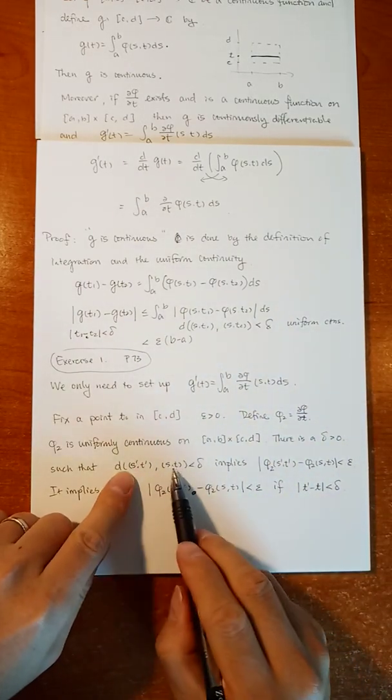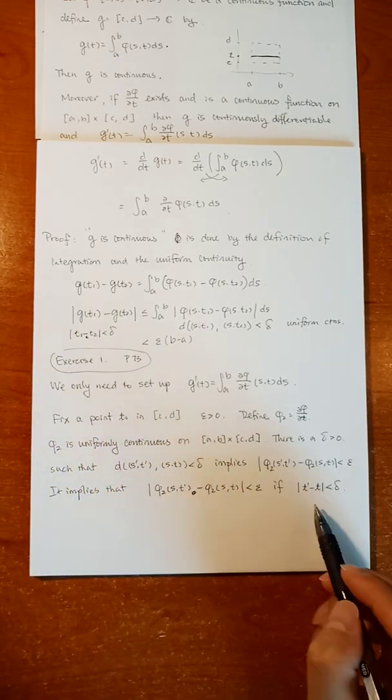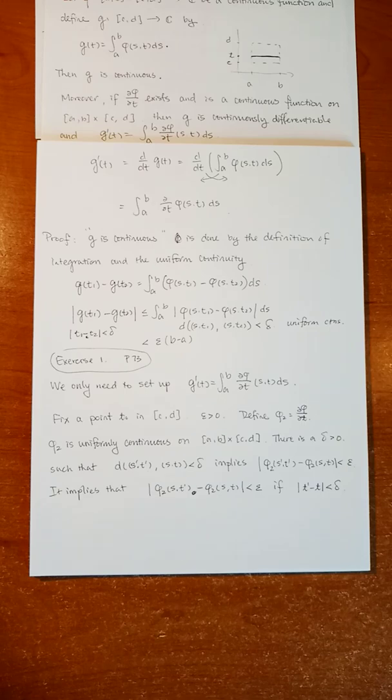Because when s' is equal to s, the distance of the points is equal to the distance of t' and t.